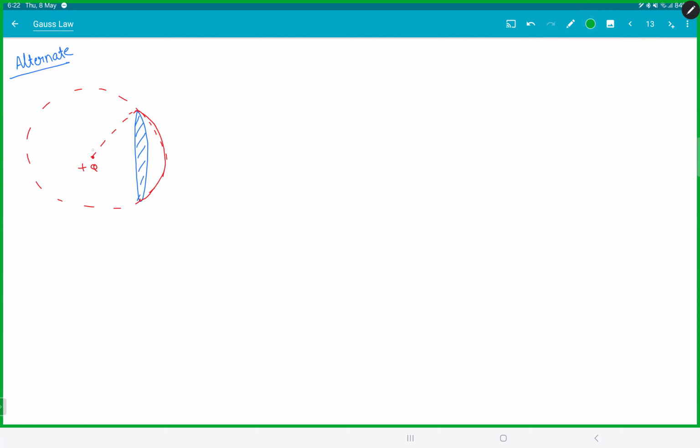You can clearly see here every line that passes through that disk will pass through that curved surface, isn't it? If you make it a part of a sphere, every line that passes through the disk will pass through that part of a sphere.